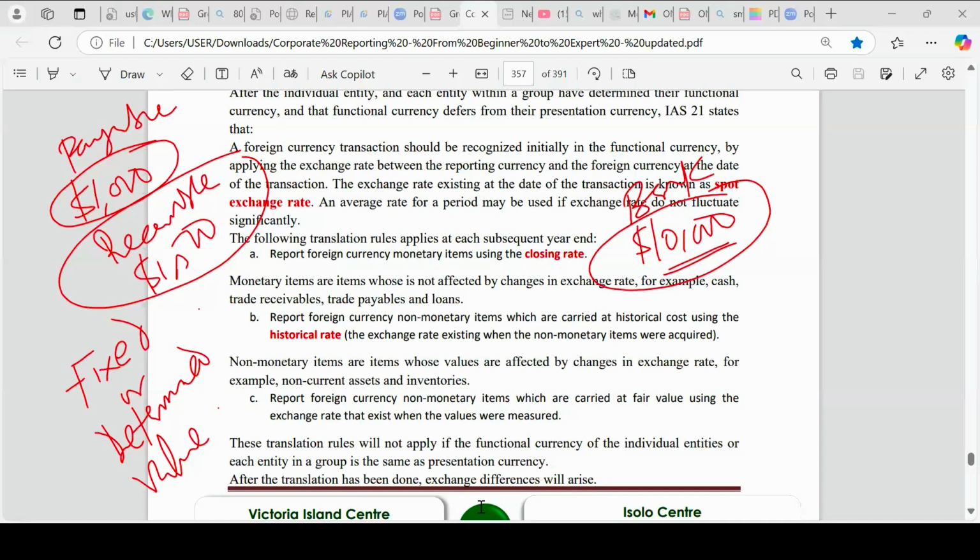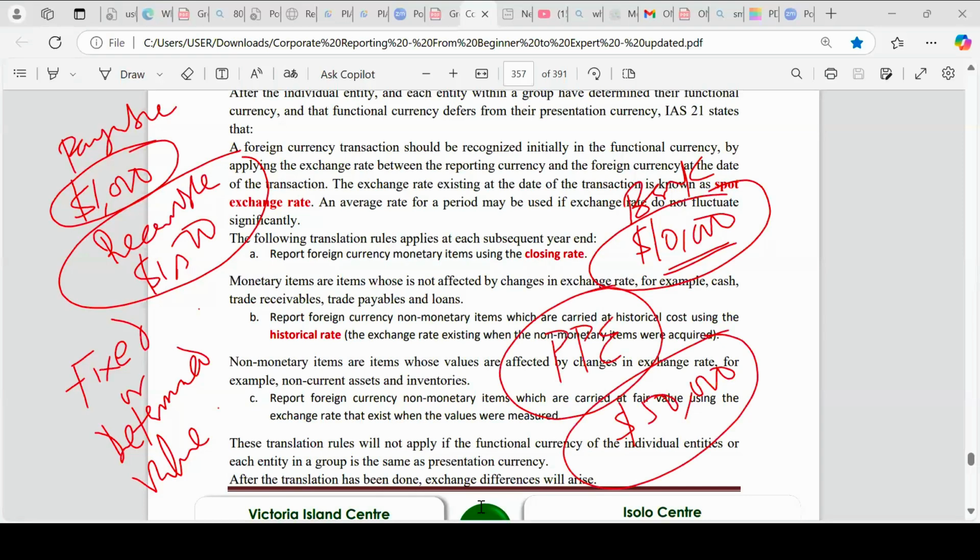But when it comes to non-monetary items, it is a transaction I am done with, and it is done with. It's not that I'm going to have to still make any payments in the future. For instance, we bought PPE, we bought a car. We bought that car for $50,000. I'm not making any further payment after I made this $50,000 payment. So in this case, this will be a non-monetary item.